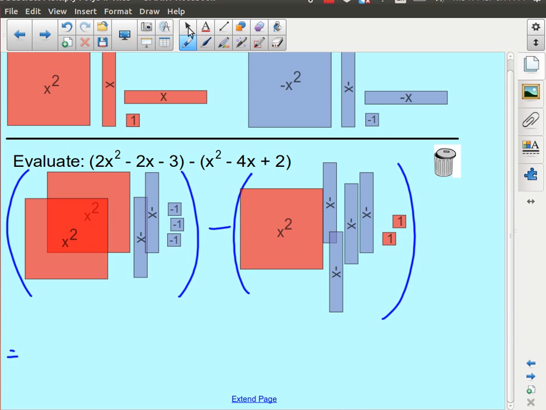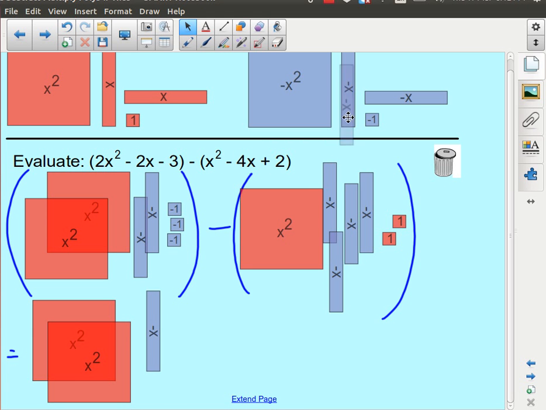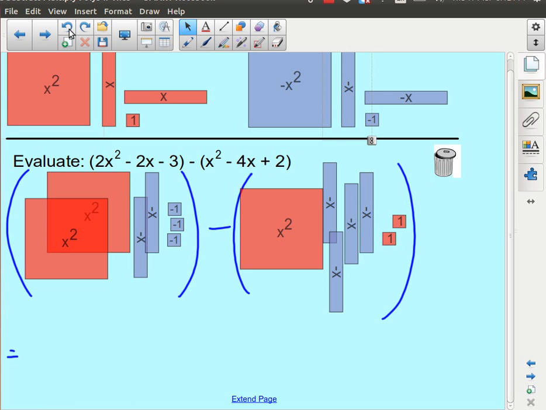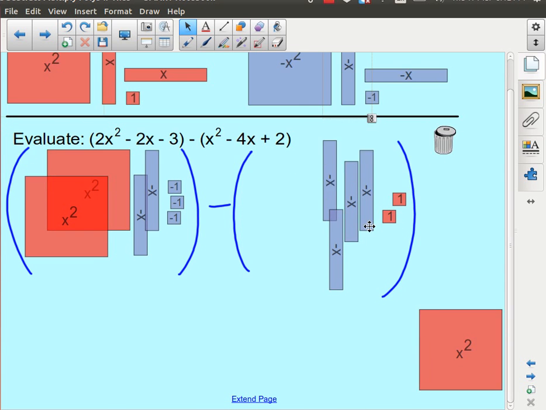So I don't need to keep the bracket for this first bracket anymore, so that just becomes the same thing. That's 2x squared minus, actually, you know what, we wouldn't normally do it this way, so we don't have that many tiles to work with. So what we would normally do now is throw away this positive x squared and replace it with a negative x squared.